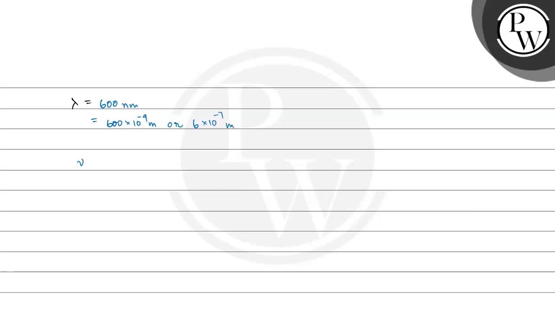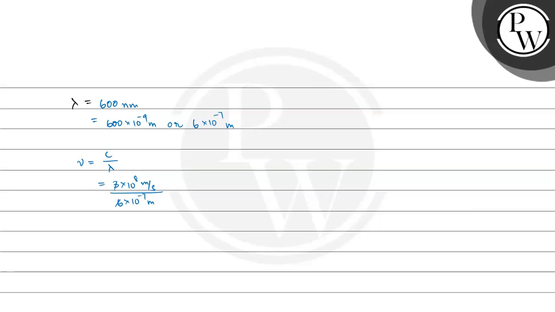Alright, so इसकी frequency क्या होगी? Frequency is speed of light divided by wavelength, and speed of light is a constant, that is 3 into 10 to the power 8 meter per second divided by the wavelength, that is 6 multiplied by 10 to the power minus 7 meter.